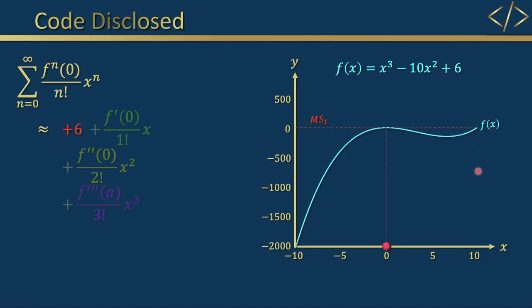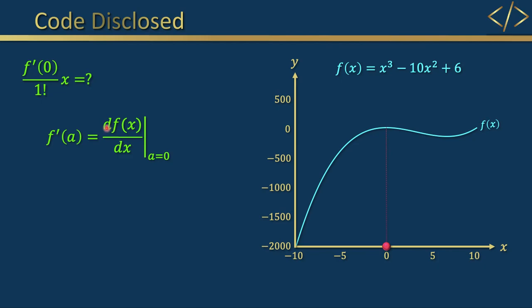Let's plot it. This is the plot. 6 is just a constant line. This is MS1, the first term of the Maclaurin series, which is way far from the actual function. So we need an additional term. Let's calculate the second term, this one.